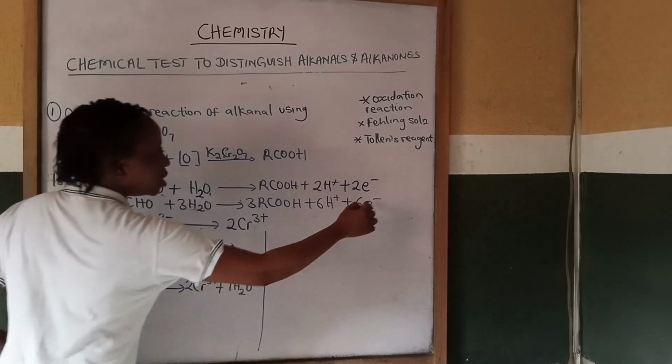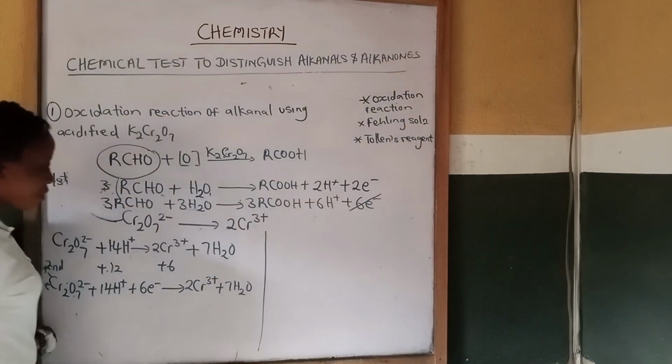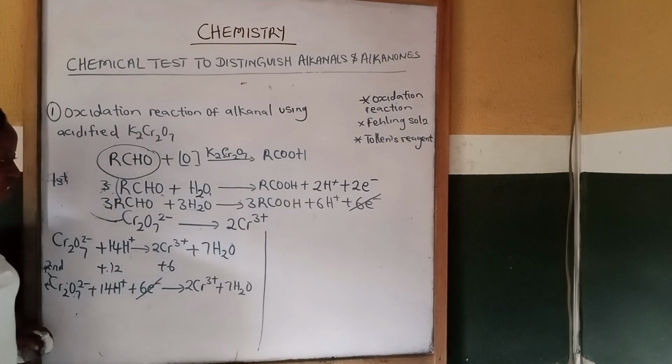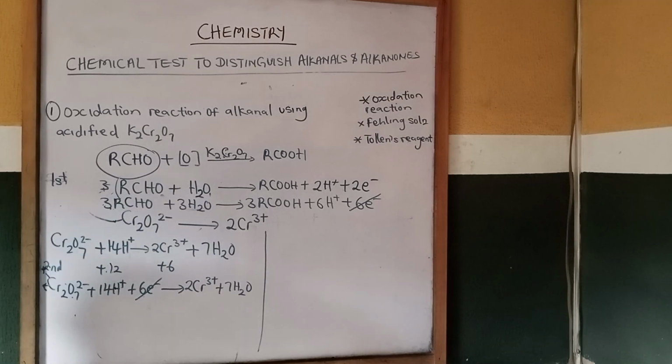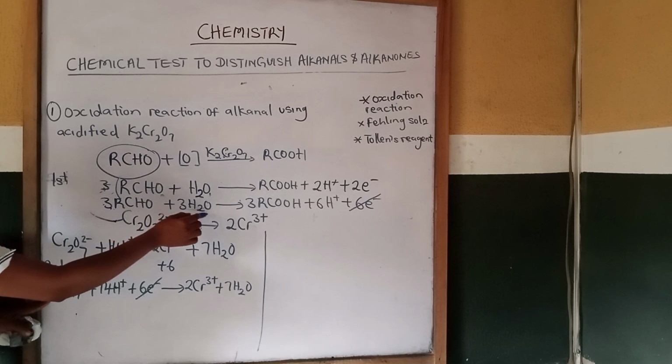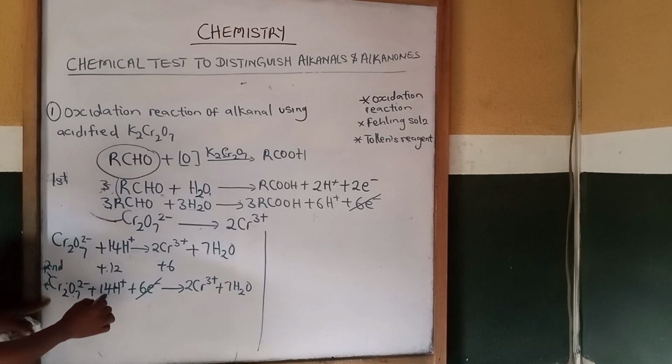So therefore, the number of electrons from the first half reaction, we cancel the number of electrons at the second half reaction. Now, we combine the 2 half reactions together to form our product. So, what we have at the reactant side here plus what we have at the product side here.